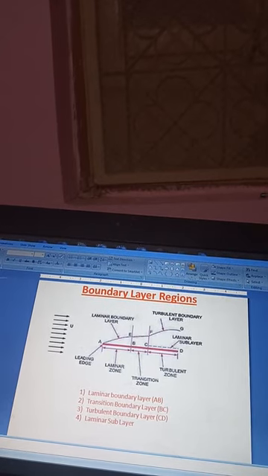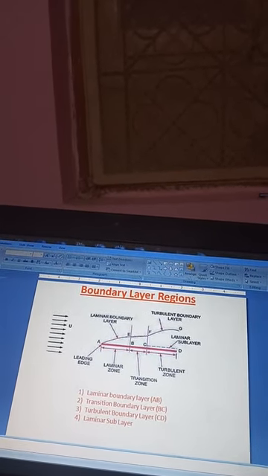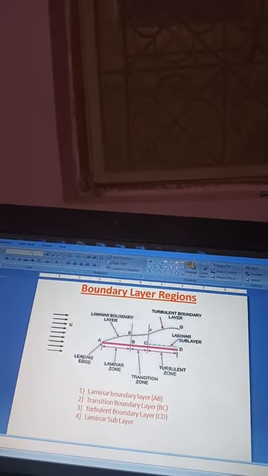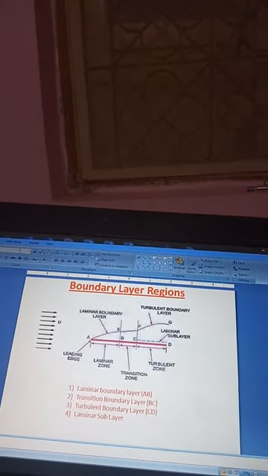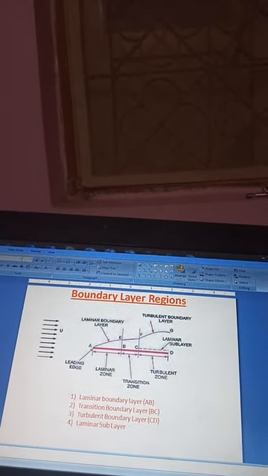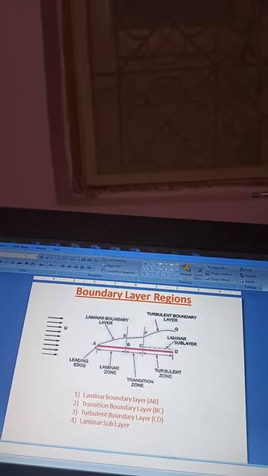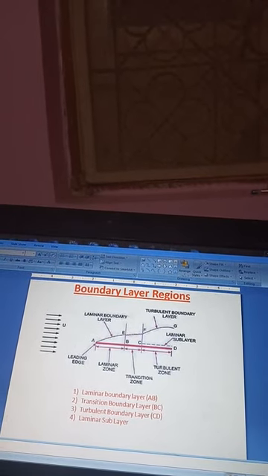And one more region occurs in the turbulent boundary layer, very close to the plate boundary of the solid, that behaves like a laminar one because the velocity variation there is in the laminar region. So these four regions are there for any boundary layer formation.